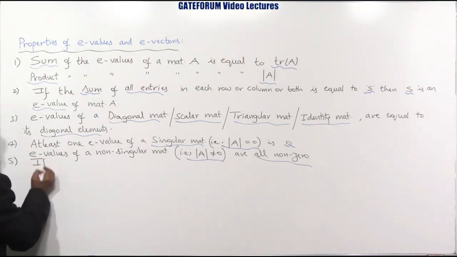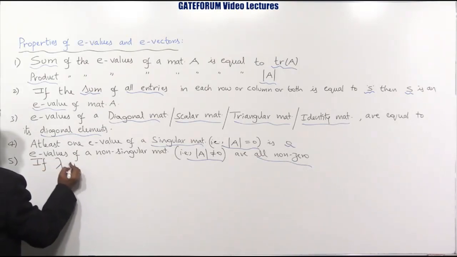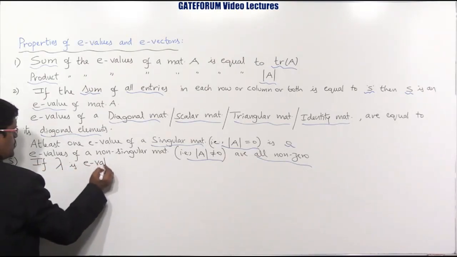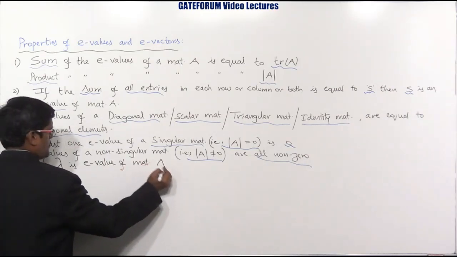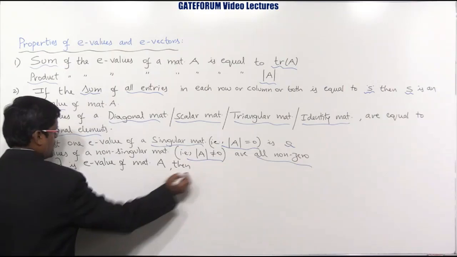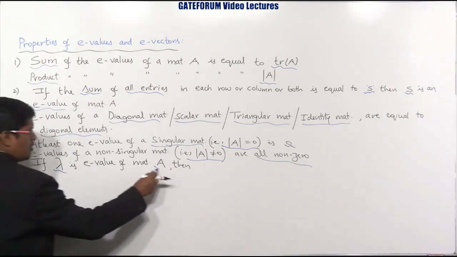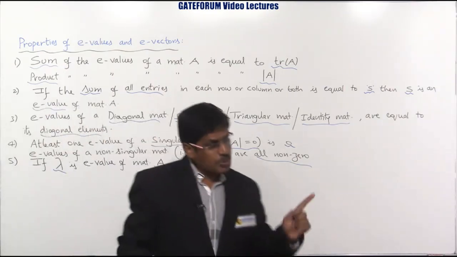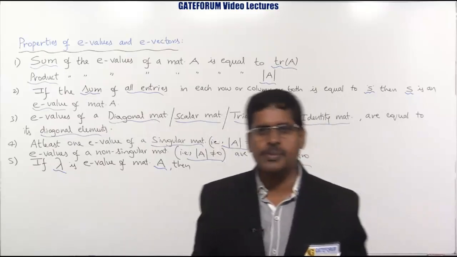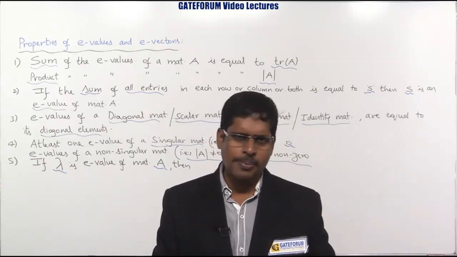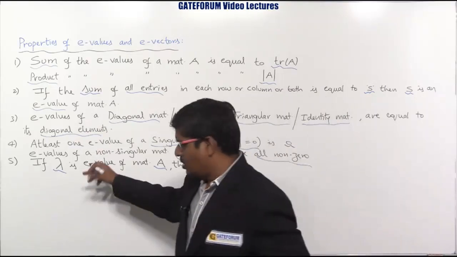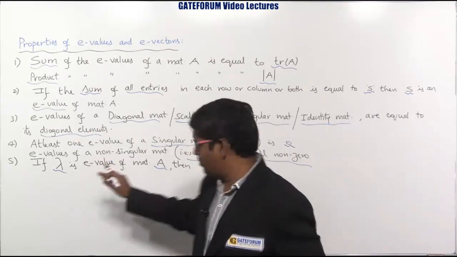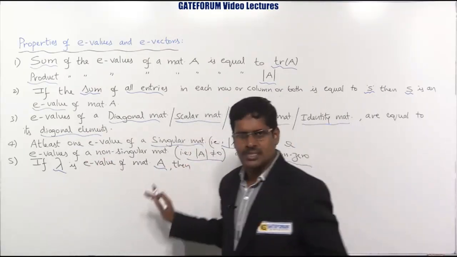If lambda is an eigenvalue of matrix A, then this property, just in a logical way I am explaining, correspondingly you follow. What does correspondingly mean? If I change the power of lambda, or take the inverse of lambda, which is 1 by lambda, correspondingly the matrix also changes. Okay.